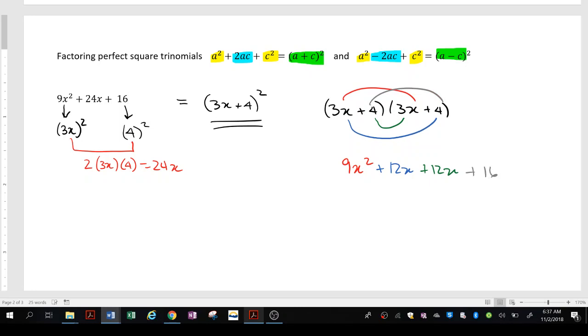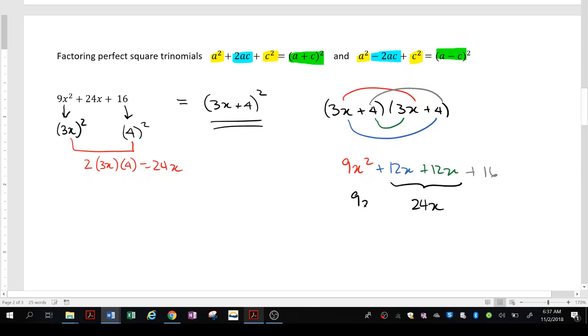So when we combine our like terms, our two middle terms, this is 24x, and we have a 9x squared. 9x squared plus 24x plus 16. So yes, indeed, this is the trinomial that we started with, and our factorization is 3x plus 4 all squared.